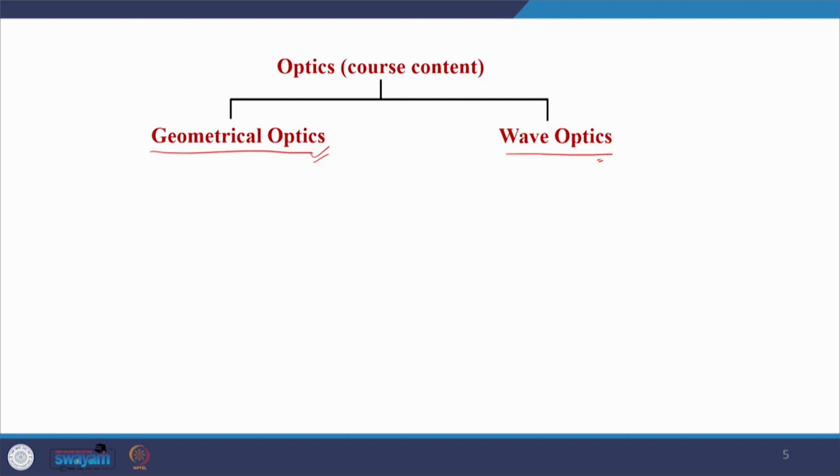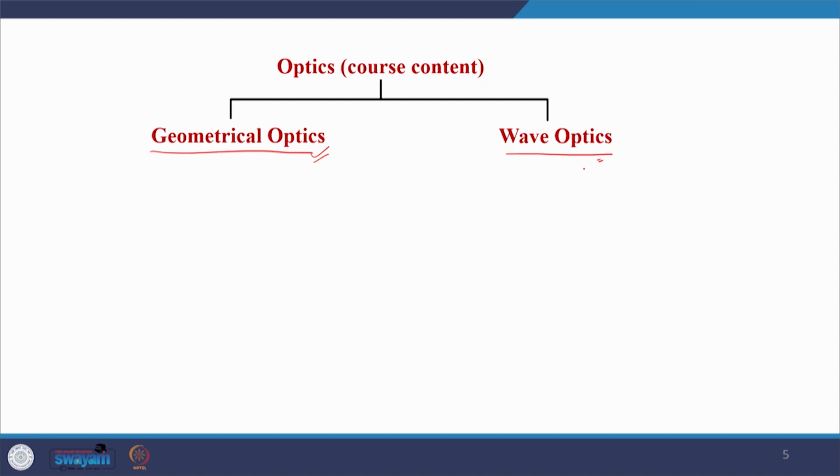Again, I repeat: the optics which can easily be explained using ray theory falls in the category of geometrical optics, while the part of optics which can be explained through wave theory falls in the category of wave optics.